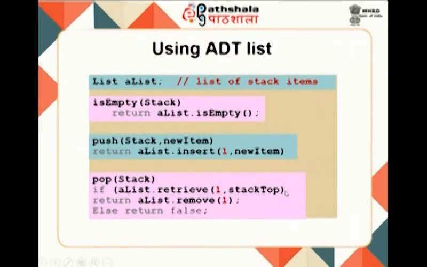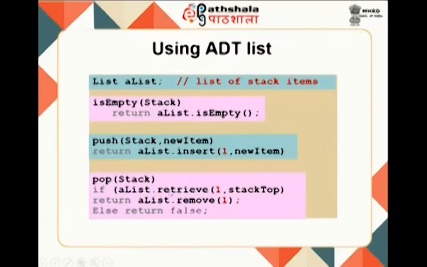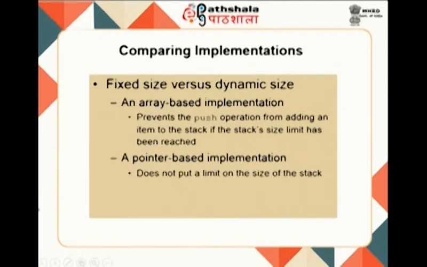If you delete something, the first position is automatically updated in this implementation of ADT list. Here, retrieve 1, stack top is the one that we have assumed the ADT list implementation gives a true or false value. We are assuming that remove does not give that. That is why, if this boolean gives me a value, then I return A list dot remove 1, otherwise I return false.